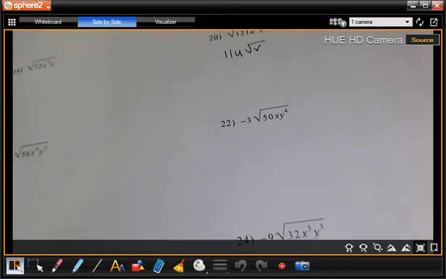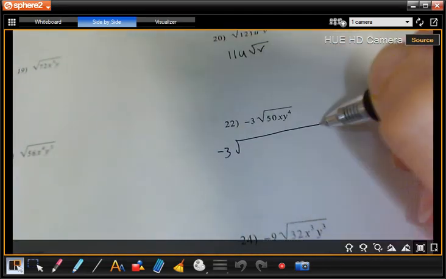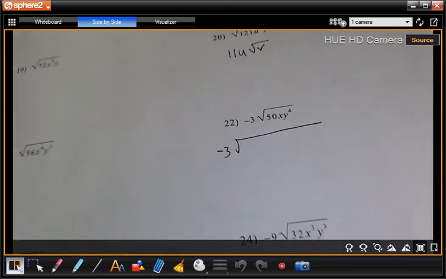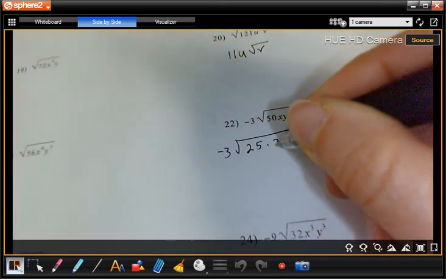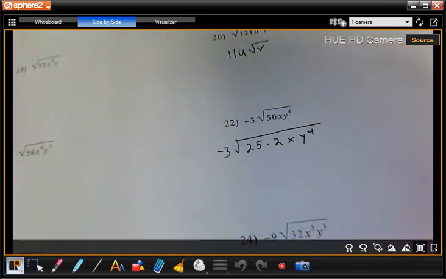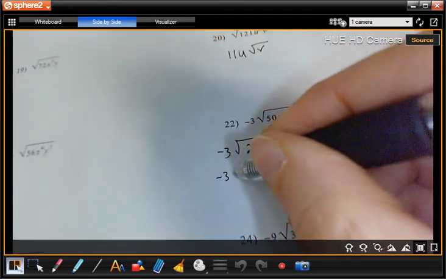Okay. What 2 numbers multiply to give us 50 where 1 is a perfect square? So let's look at our perfect squares again. 25. 25 times 2 gives me 50. So I'm going to take out the 25. The square root of 25 is 5.